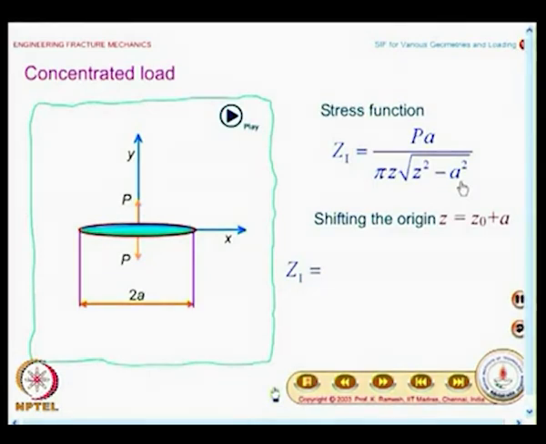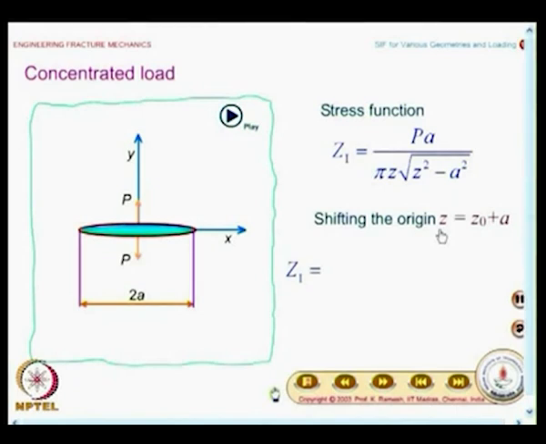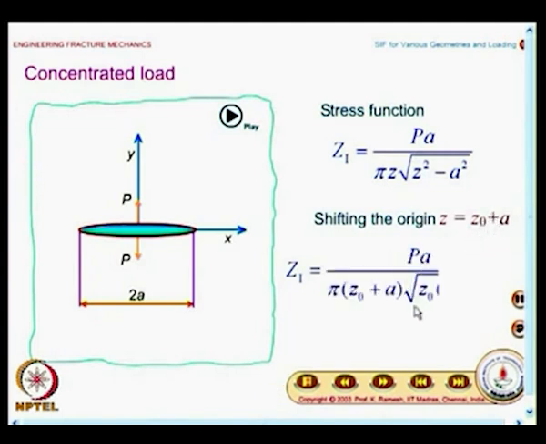See, while developing the stress field also, what we did was, we had the stress function, we shifted the origin to the crack tip, then we obtained the near field solution. A similar exercise you have to do here. So you have to shift it to the crack tip. For shifting the origin, substitute z equal to z naught plus a, then you have the definition of stress intensity factor in terms of stress function, and put the limit z naught tends to 0, then you will get the expression for K. So we will substitute z naught plus a, and how does the expression look like?